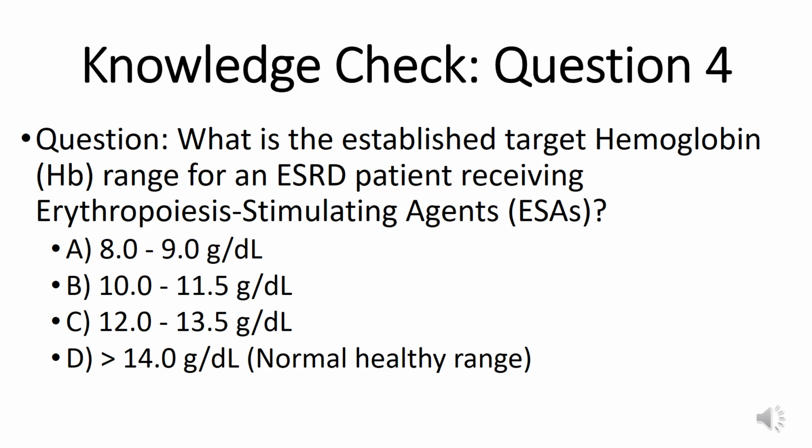The objective is not perfect normalization, but balanced correction. Therefore, the key takeaway is clear. Patients with end-stage renal disease receiving erythropoiesis-stimulating agents should generally maintain a hemoglobin target between 10 and 11.5 grams per deciliter. So the correct answer is option B, 10 to 11.5 grams per deciliter.